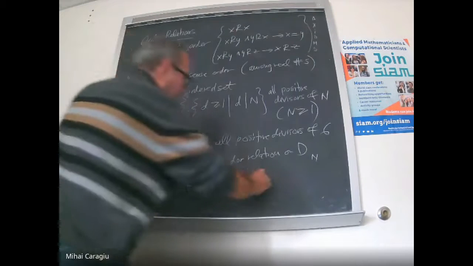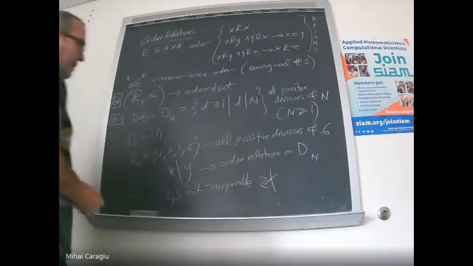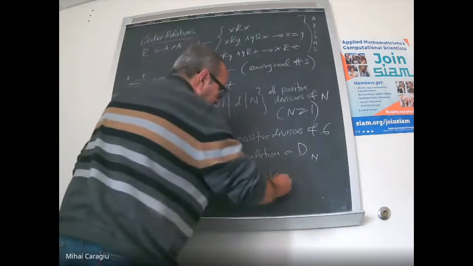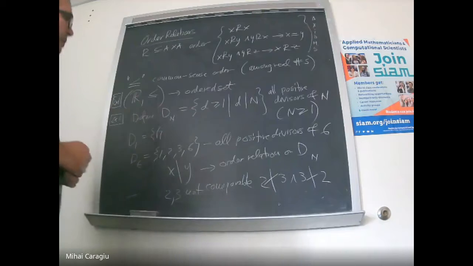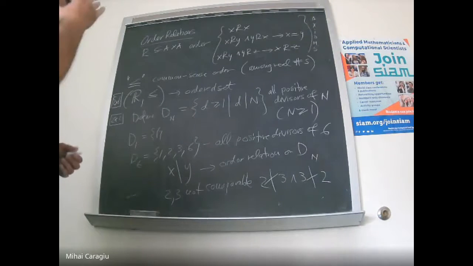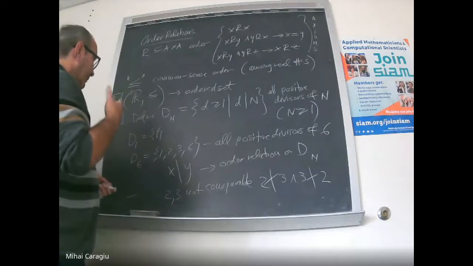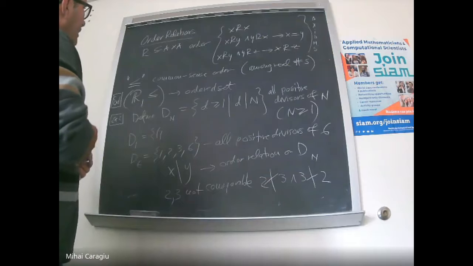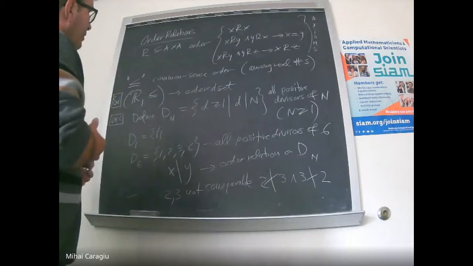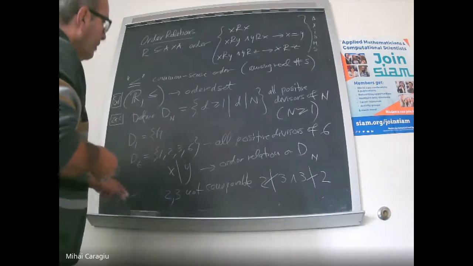That means 2 does not divide 3, and 3 does not divide 2. So 2 and 3 are not comparable. Therefore, we have to adapt the naming of the ordered set, and it is better that from now on we use poset, as in partially ordered set.